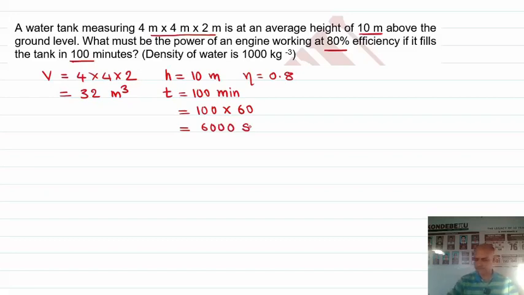6000 seconds. Now, roughly, if I take a diagram for understanding, you can say this is ground level. Ground. There is a water tank at a certain height. So here there is a water tank, you may say, at a certain height.